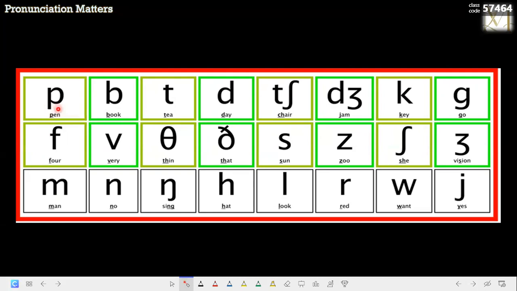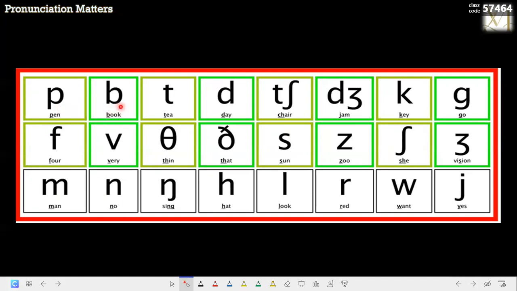Okay, you will notice that this sound is different from the b sound. This is called /p/. Okay, we stop the air and then release it suddenly, pushing air from the lips.